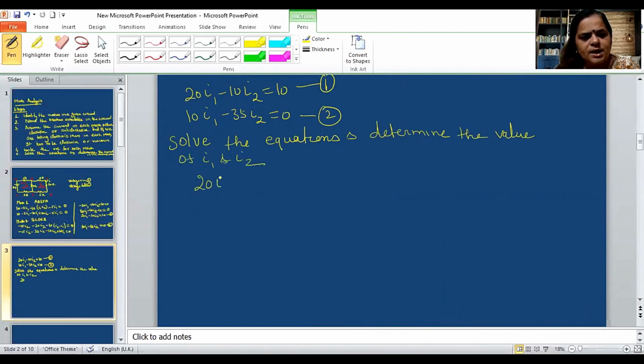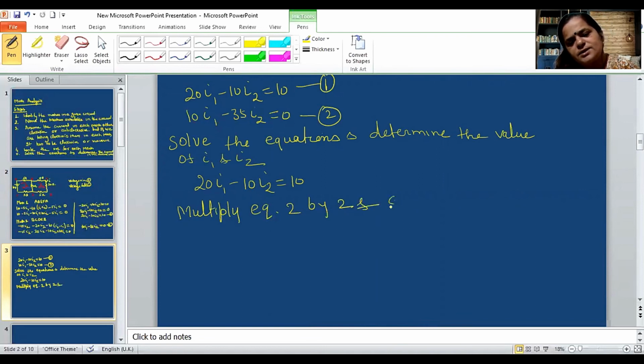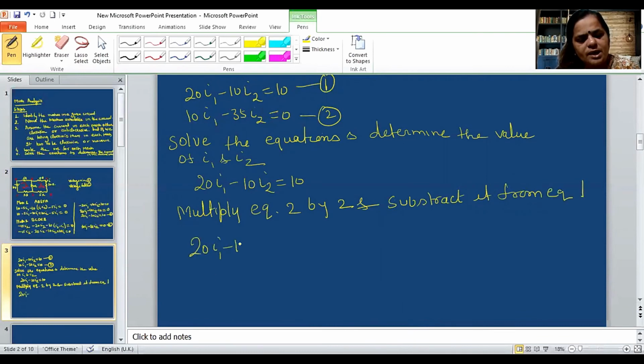So 20 I1 minus 10 I2, that is equal to 10. Multiply equation 2 by 2 and subtract from equation 1. So what am I going to get? Equation 1 is 20 I1 minus 10 I2 is equal to 10.